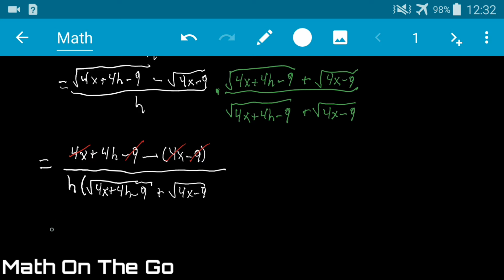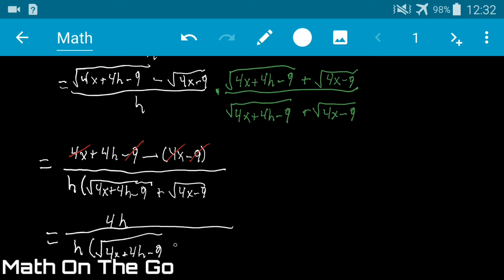So we have 4h all over all this stuff on the bottom: h times the square root of 4x plus 4h minus 9 plus the square root of 4x minus 9. So we have, in the denominator, an h, and in the numerator, an h, so those will cancel, leaving us with just a 4 on the top.